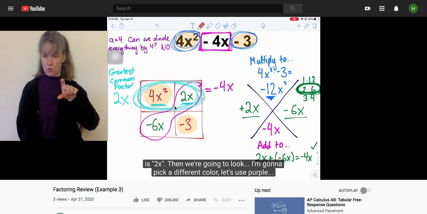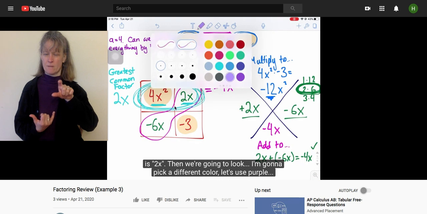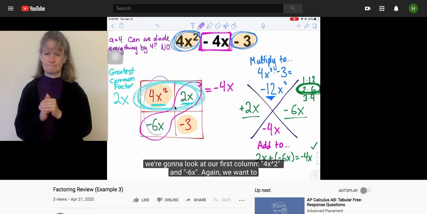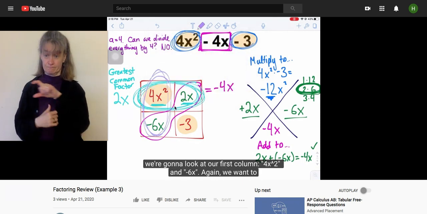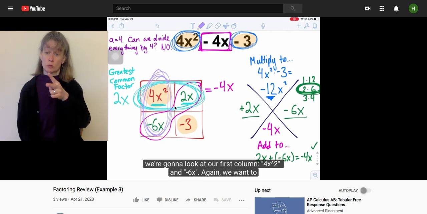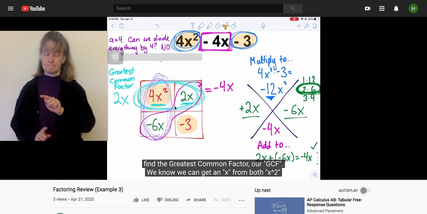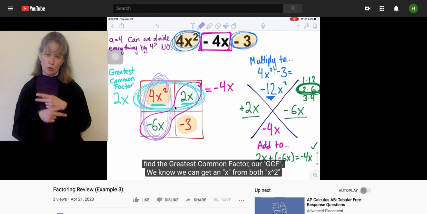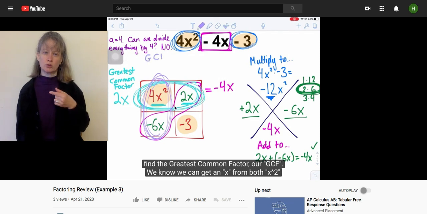Then we're going to look, I'm going to pick a different color. Let's use purple. We're going to look at our first column, 4x squared and negative 6x. Again, we want to find the greatest common factor, our GCF.